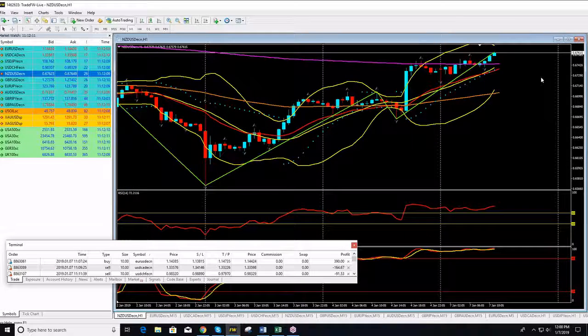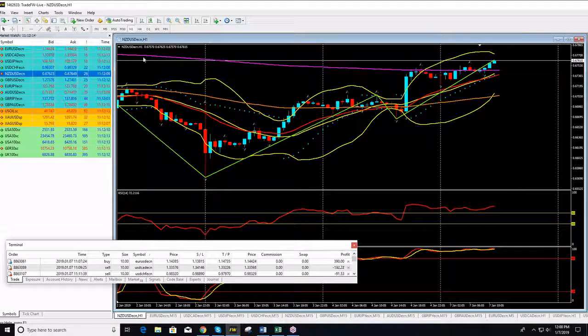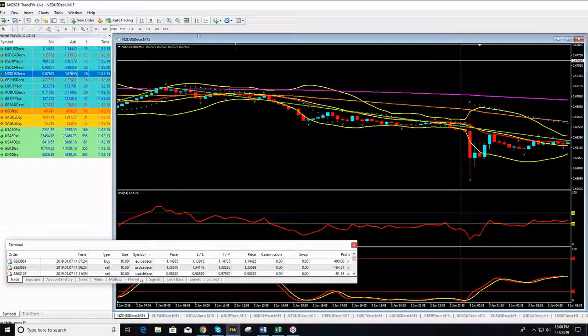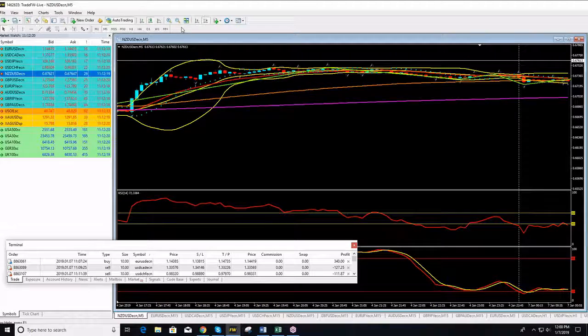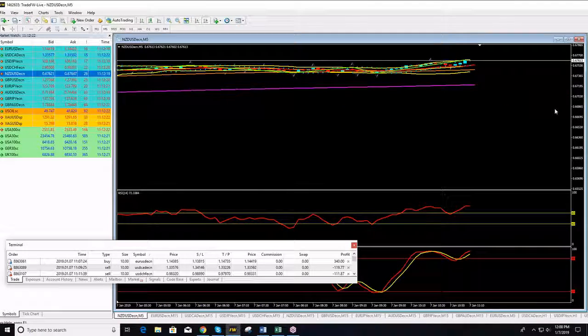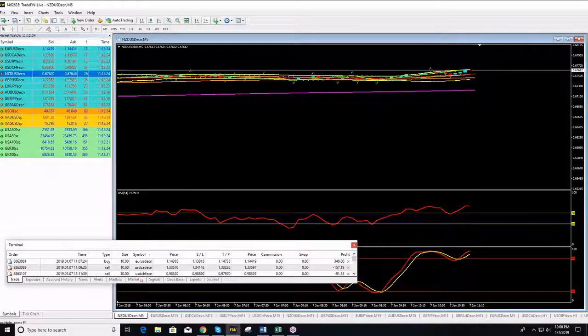Kiwi looks really promising for long positions, guys. Let me check in order not to enter into overbought territories. Okay, let me check the 5-minute chart. Very strong bullish momentum. I'm entering long positions on the Kiwi. So Kiwi, I will place a long position.